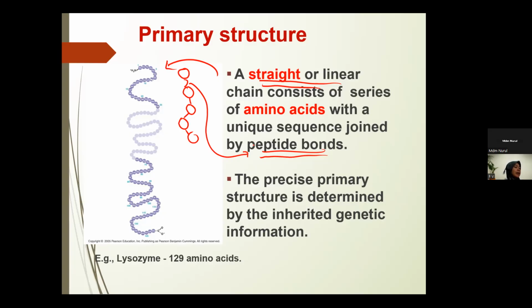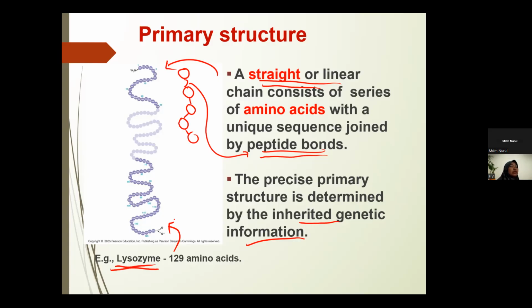Okay? Right. The precise primary structure is determined by the inherited genetic information. So, the precise structure and function dia determine dengan apa jenis amino acid yang dia bawa lah. Itu je. Contoh, lysozyme. Lysozyme comprises of 129 joined amino acids.